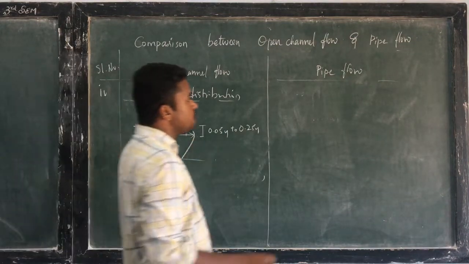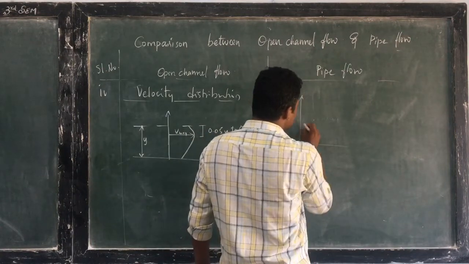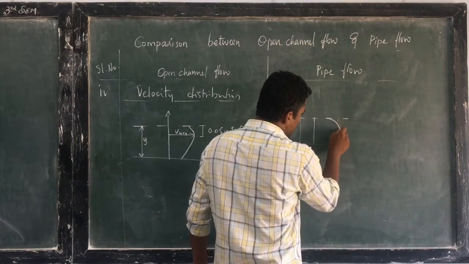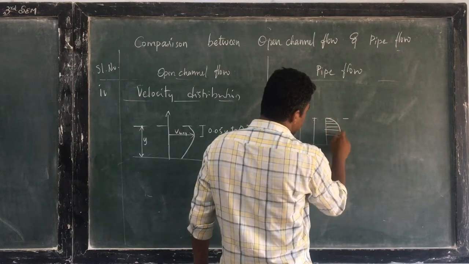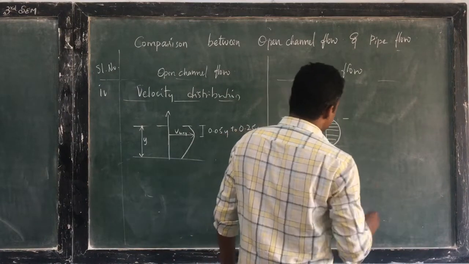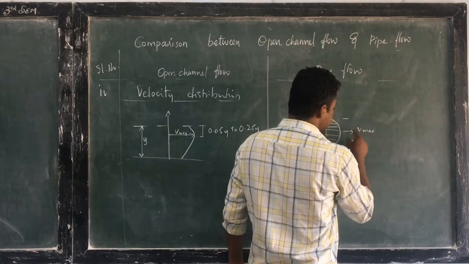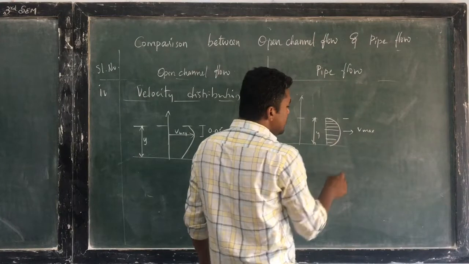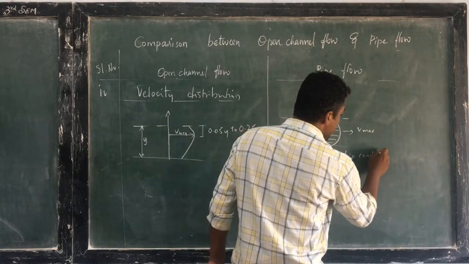If you take pipe flow, we already studied that. In pipe flow, the velocity distribution is parabolic and the maximum velocity occurs at the center. At the wall the velocity is nearly equal to 0 because of the no slip condition.